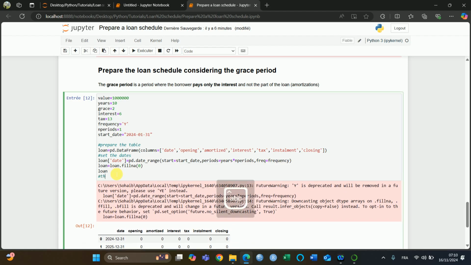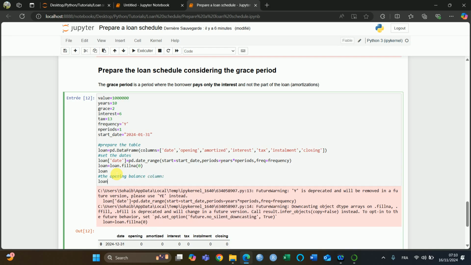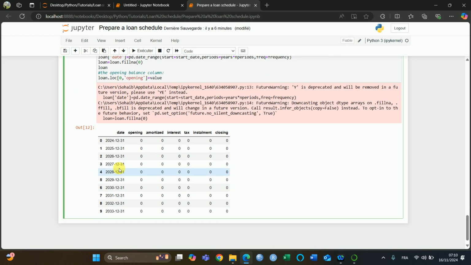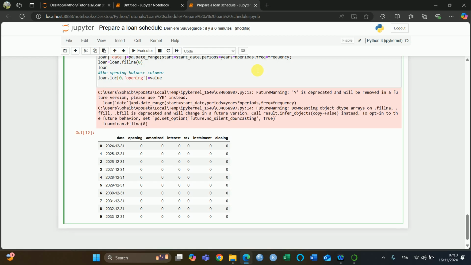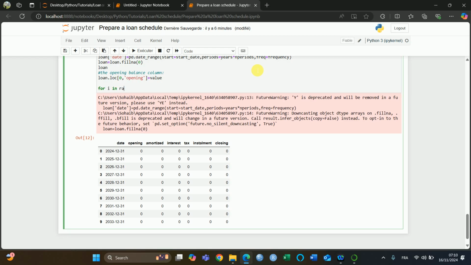Next, the opening balance column. So for the first one, loan.loc[0, opening] will be the value. And for the next data of the same column, we put for e in range from 1, which means the second row, until the end, which means years multiplied by the number of periods.